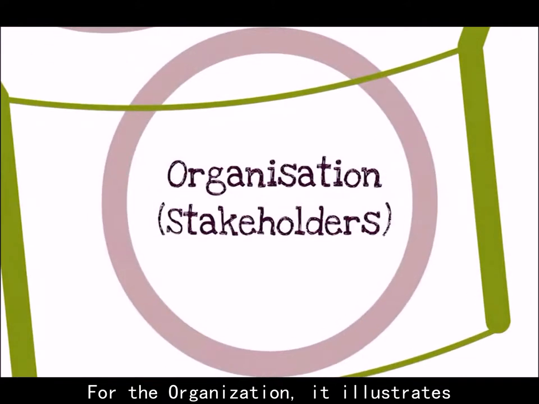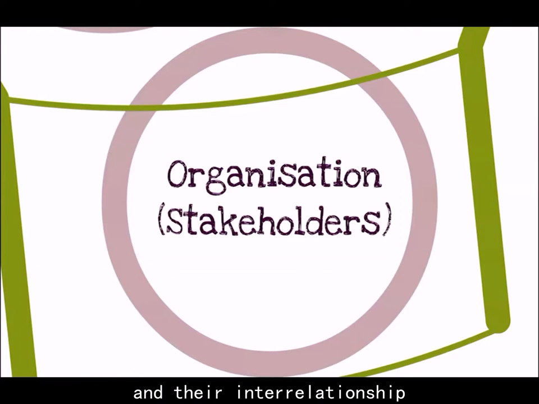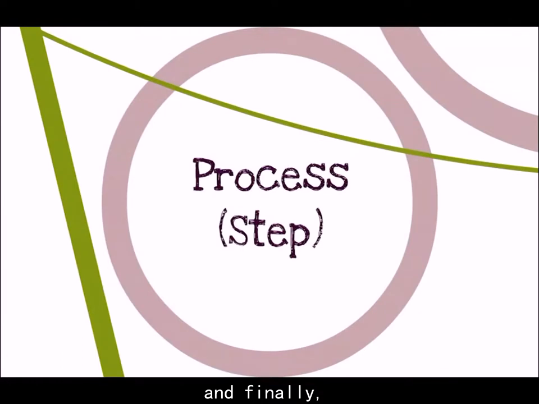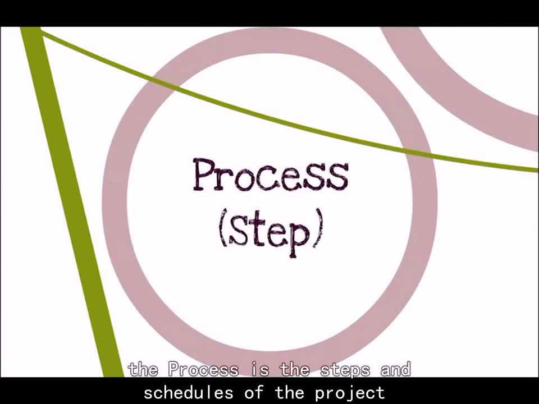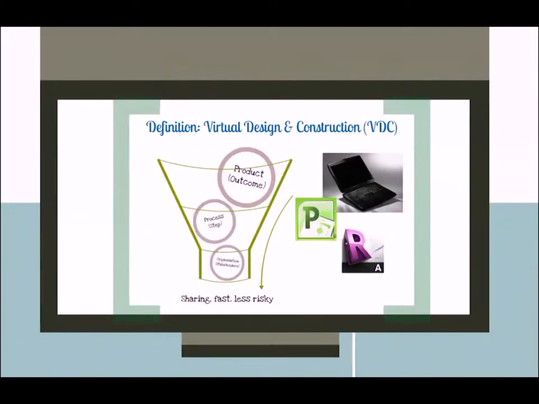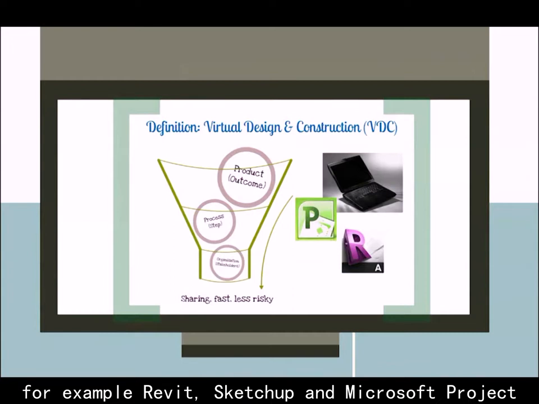For the organization, it illustrates what stakeholders will be involved and their interrelationship. And finally, the process is the steps and schedules of the project. Different software will be used, for example, Revit, SketchUp, and Microsoft Project.